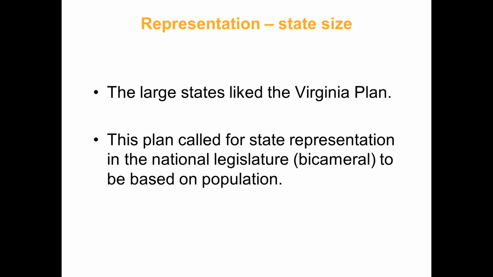Bicameral meaning two separate chambers in Congress. They wanted each chamber to be determined based on the population of each state. So a large state like Virginia would have more representatives in each of the chambers than smaller states. Obviously, if you're Virginia, this is what you want. This gives you more power and more influence to direct the federal government in whichever way you want.